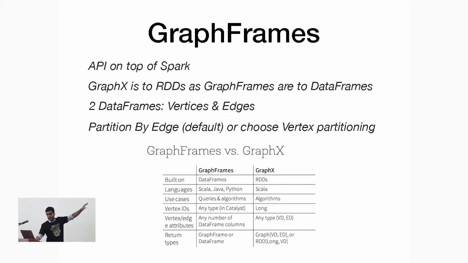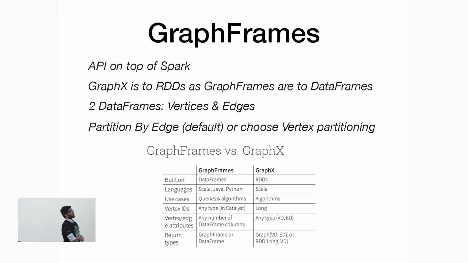Now here is GraphFrames. It's an API on top of Spark. I'm going to go a little quick through this because this can get pretty deep. But with Spark, we have data frames and data sets. That has what's called the Catalyst Optimizer, which is a bunch of rules which abstract away a lot of the complexities of doing distributed computing.